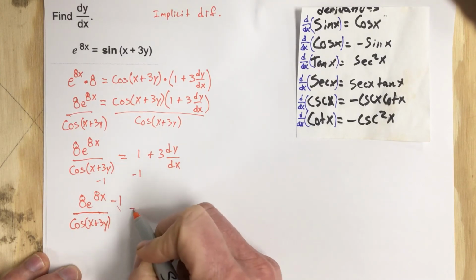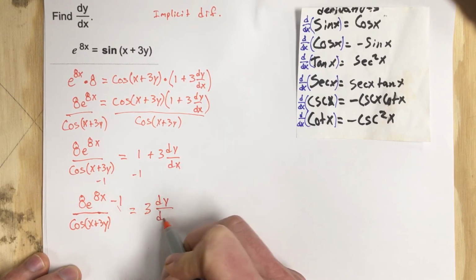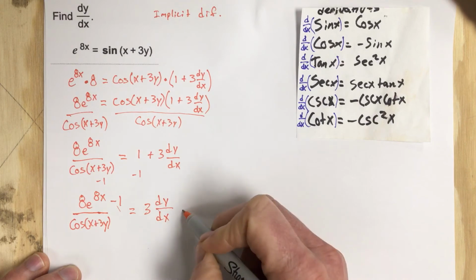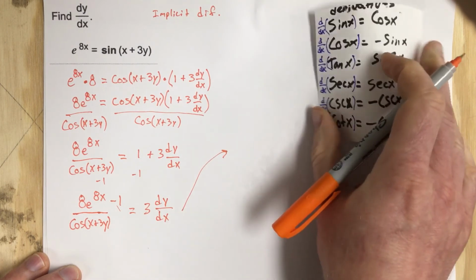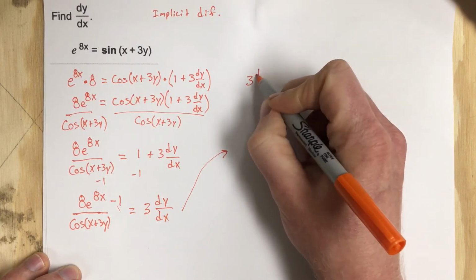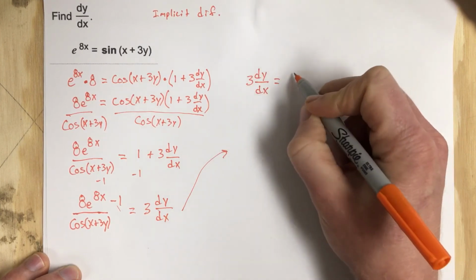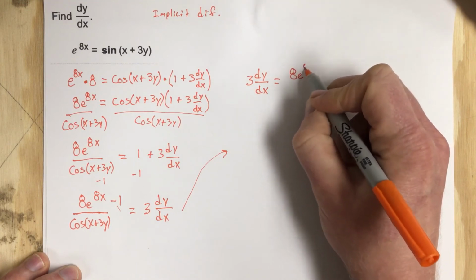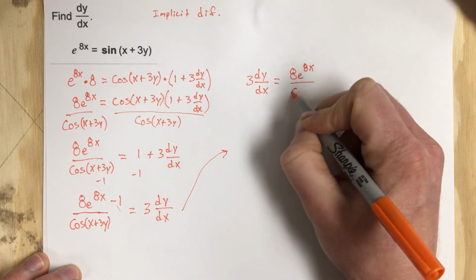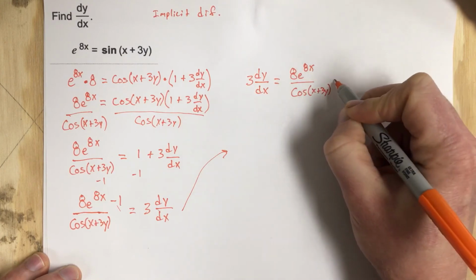And in fact, I'm going to finish this. So 3 dy over dx. And I'm going to rewrite this over here, to get these trig functions out of the way, and write this as 3 dy over dx equals 8e to the 8x over cosine of x plus 3y, minus 1.